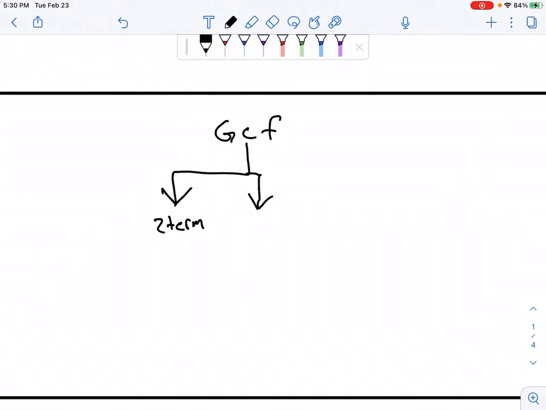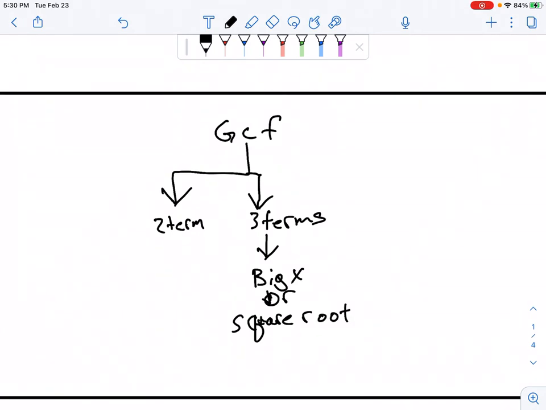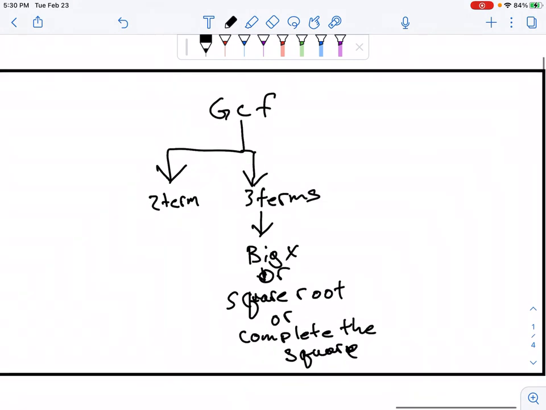We have 3 terms, which is now turned into big X with a leading or without a leading coefficient, or we could square root, or we could complete the square, or we can do a quadratic formula.